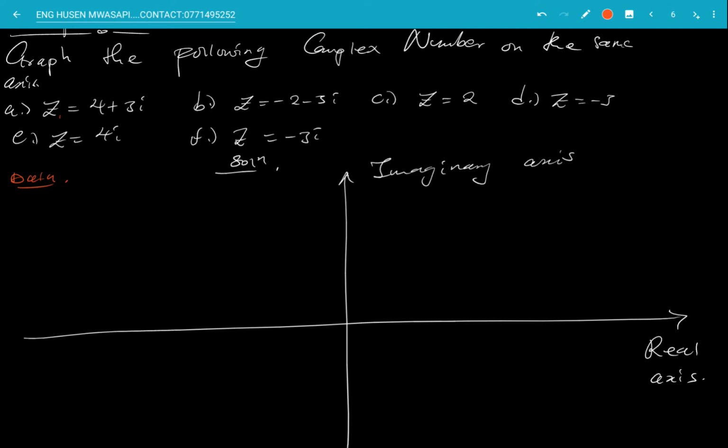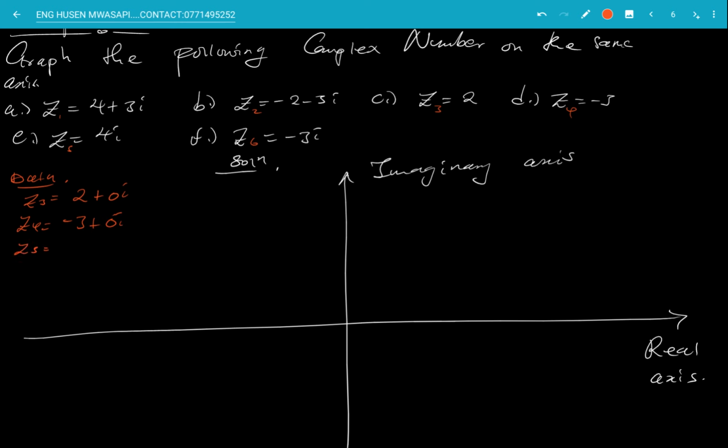So let's call these Z1, Z2, Z3, Z4, Z5, and finally Z6. Let's fix Z3. Z3 has a real part, but doesn't really have an imaginary part. So we say 2 plus 0i. Z4 has no imaginary part, so we say -3 plus 0i.